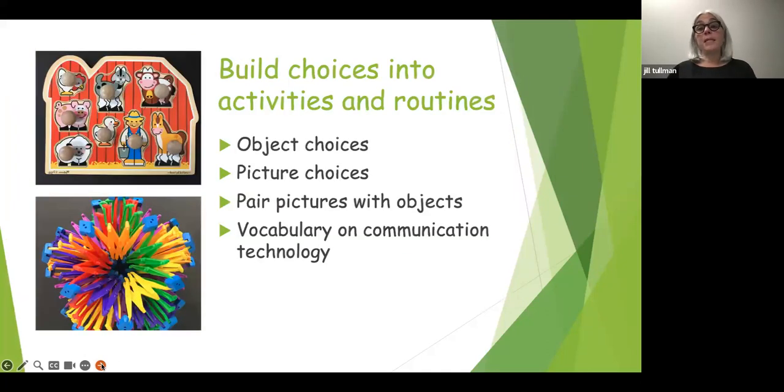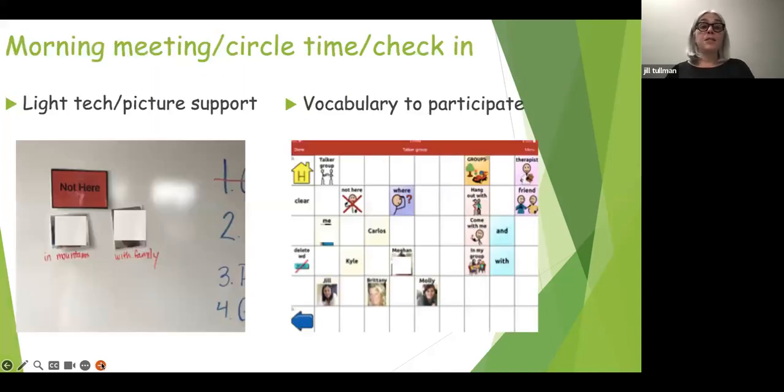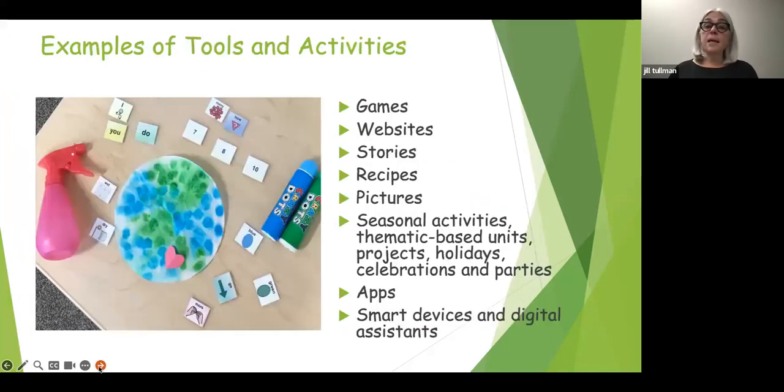We want to build choices into activities and routines. Lots of ways to do this, whether it be morning meeting, circle time, or check-in. Examples of tools and activities can be playing games, websites, stories, recipes, pictures, seasonal activities, like we always say, from the start of summer, like through Earth Day.